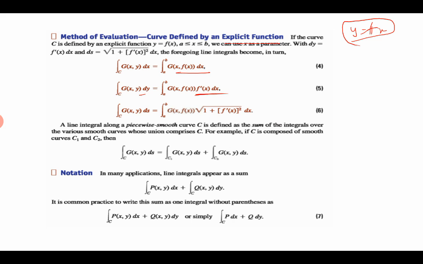And ds will become the square root of 1 plus f dash of x whole squared, dx. You can refer to this in the formula. This can be proved by taking the parametric form with y dash equal to f dash of x.